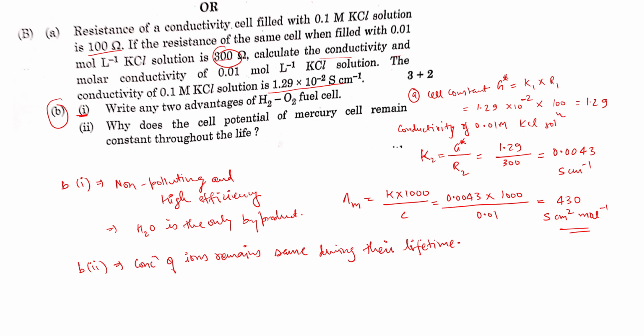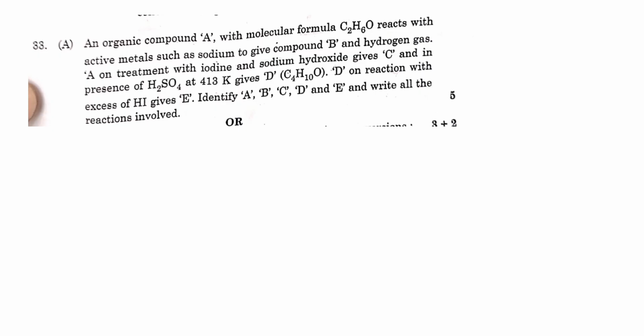So basically, for these types of mercury cells, the concentration of the ions present never changes. The reason is that the reactants or products which are produced or exchanged are mostly solids. So they remain at the same concentration throughout their life. This question is very good.